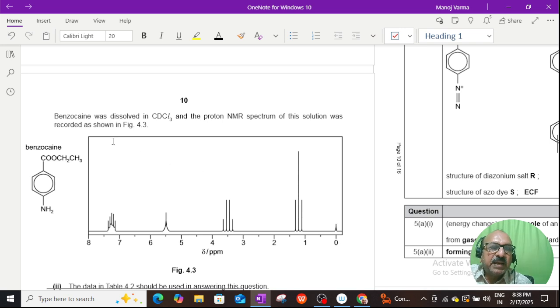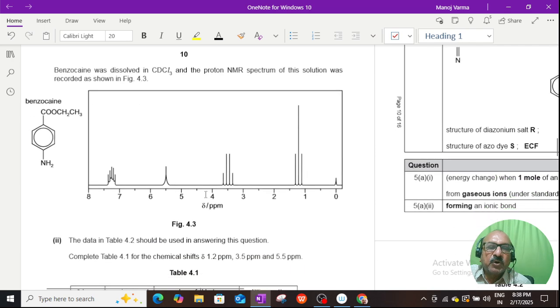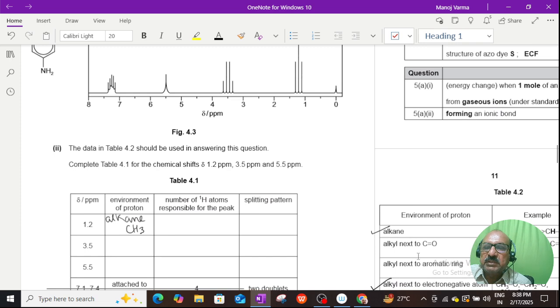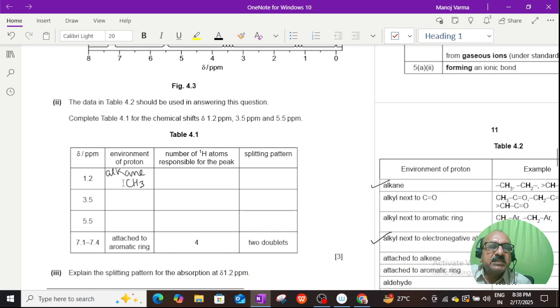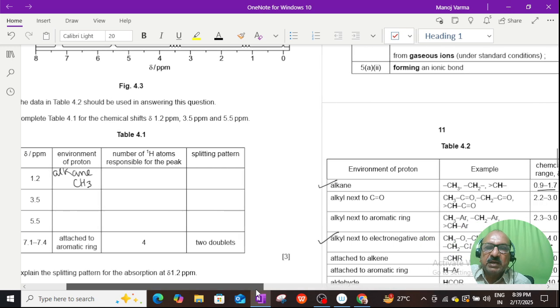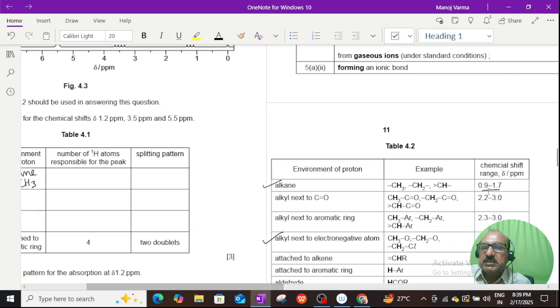Now further, benzocaine was dissolved in CDCl3 and the proton NMR spectrum of this solution was recorded, and it is shown in figure 4.3, and the data in table 4.2 should be used in answering this question, and you have to complete this table. So you are given chemical shifts, you have to identify the environment of the proton, which you can see very easily from table 1.2, which is in this range.